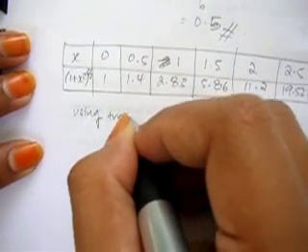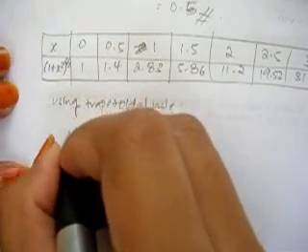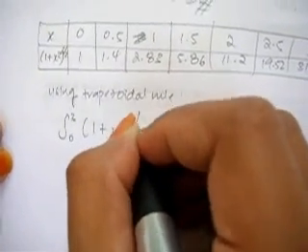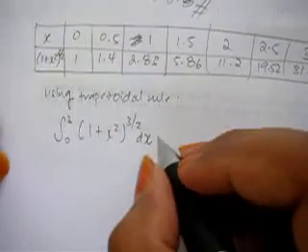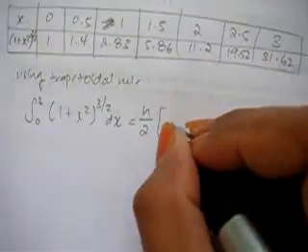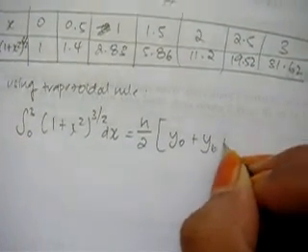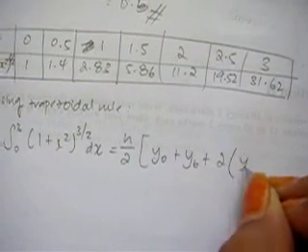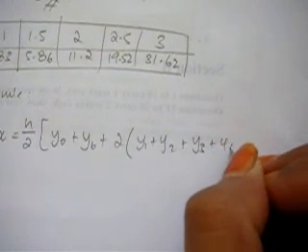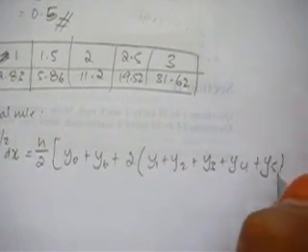After which, by using the trapezoidal rule formula, the integral of (1 plus x squared) to the power of 3 over 2 dx is given by h over 2 times [y0 plus y6 plus 2 times (y1 plus y2 plus y3 plus y4 plus y5)].